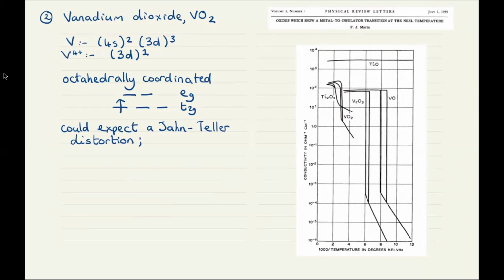Jahn-Teller distortions tend to be small for t2g electrons.